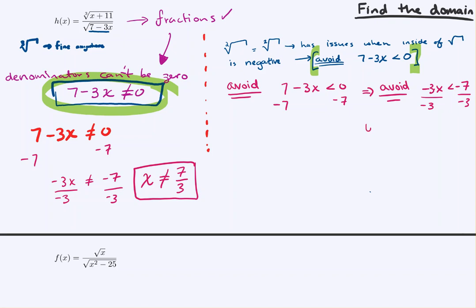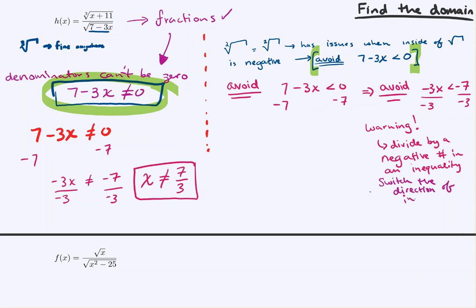But here's a warning: whenever you're dividing by negatives in an inequality, you have to switch the sign, switch the direction of the inequality. So just remember that since we're dividing by a negative, the inequality sign, instead of being in this direction, gets switched to the opposite direction.